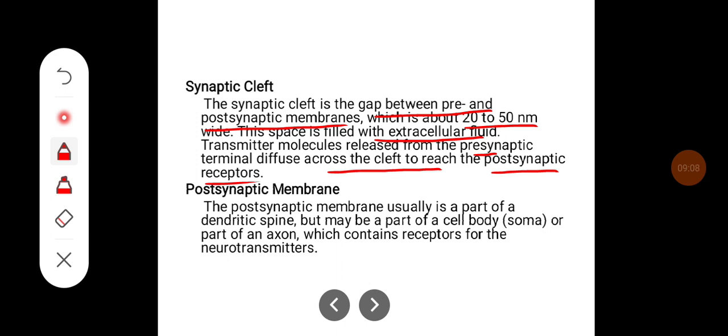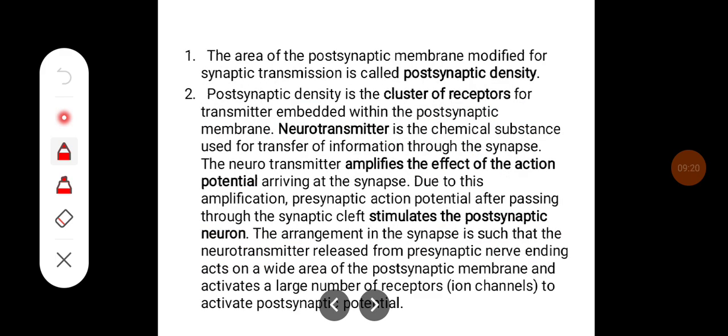The postsynaptic membrane usually is part of the dendritic spine, but may be a part of the cell body or a part of the axon, which contains receptors for the neurotransmitters. The area of the postsynaptic membrane modified for synaptic transmission is called the postsynaptic density. The postsynaptic density is the cluster of receptors for transmitter embedded within the postsynaptic membrane.